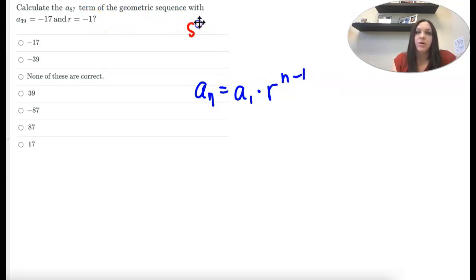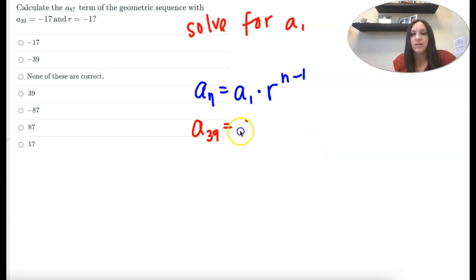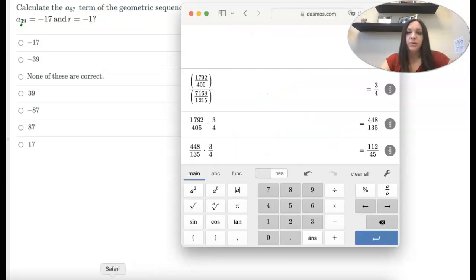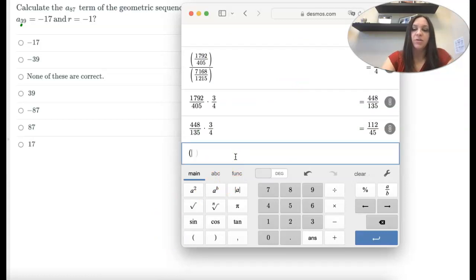For this one, we're going to have to solve for the first term. We're going to use n as 39 to figure out what a1 is. So the 39th term, -17, equals the first term times the ratio, which is -1, to the power of 39 minus 1. And you can type that in if you're not sure.